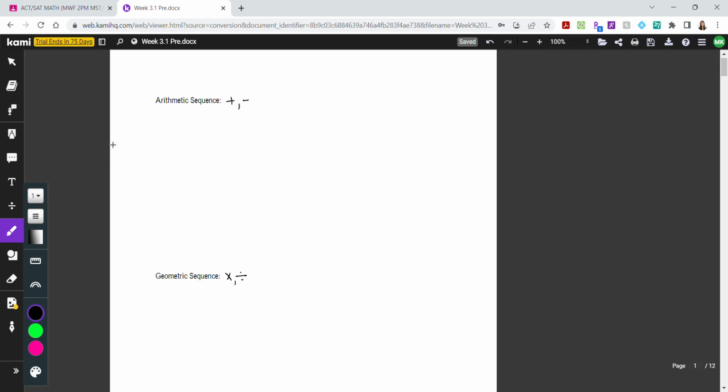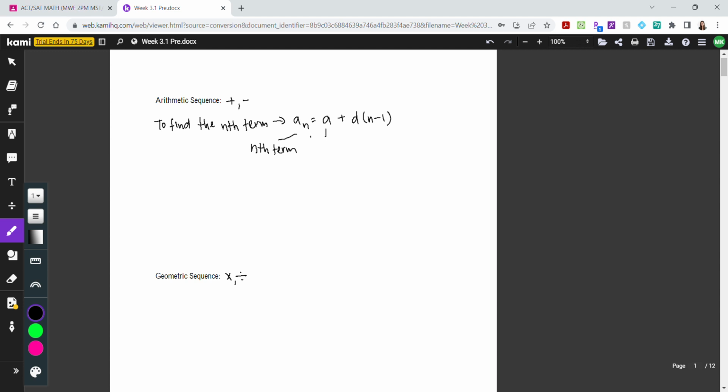But anyways, with an arithmetic sequence, in order to find the end term, we would need to use this formula, which is a_n equals a plus d times (n minus 1), with a_n being the end term that we're trying to find.